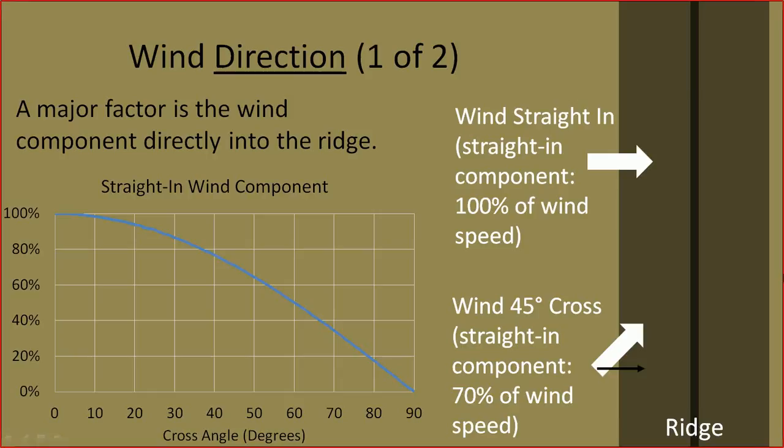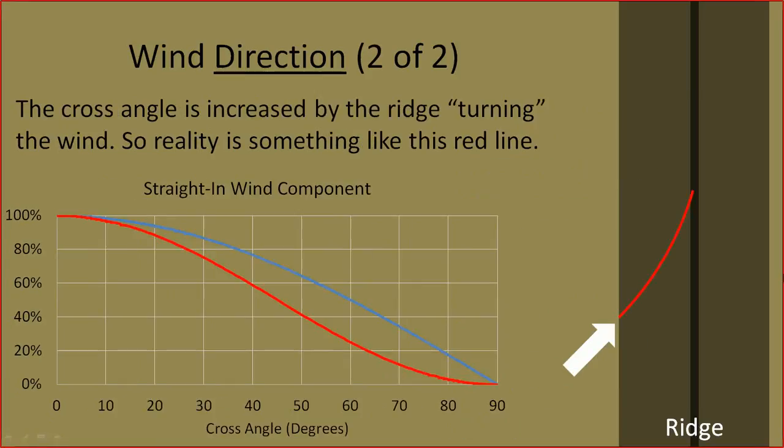Interesting fact, but that doesn't quite tell the whole story, because the ridge doesn't just deflect the air upward. If the wind is blowing into it at an angle, then it also turns the wind, changes the wind's direction.